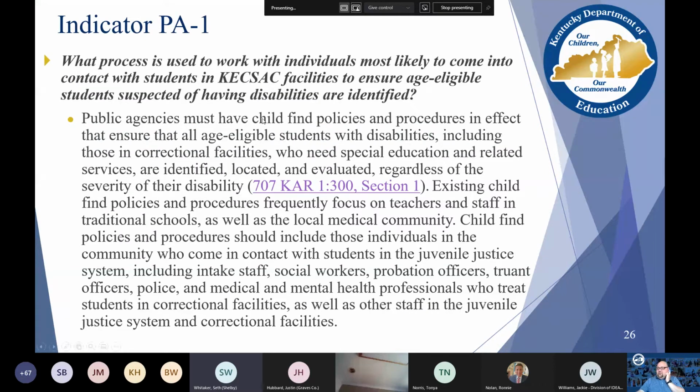What process is used to work with individuals most likely to come into contact with students in KECSAC facilities to ensure age-eligible students suspected of disabilities are identified? It's child find again. If you all haven't noticed, that gets touched on a few times in all this. You have to have child find policies, and it has to be the same as you would for any kid in any school in the district.